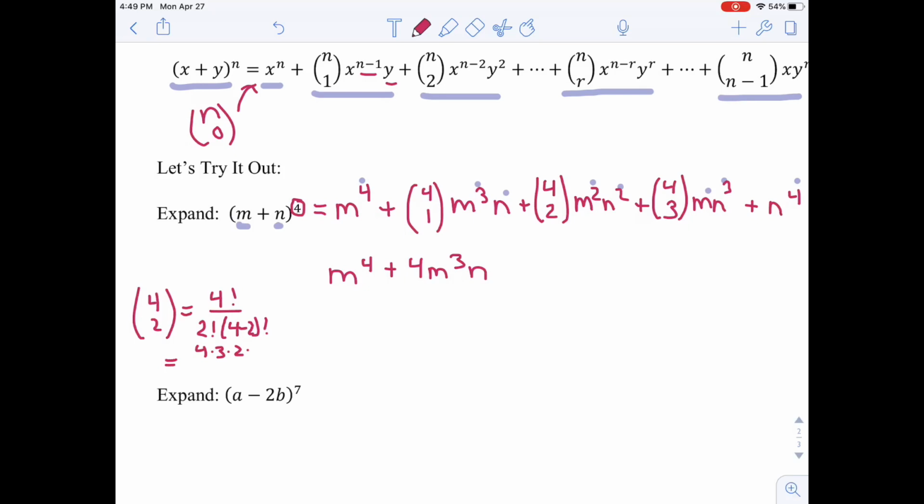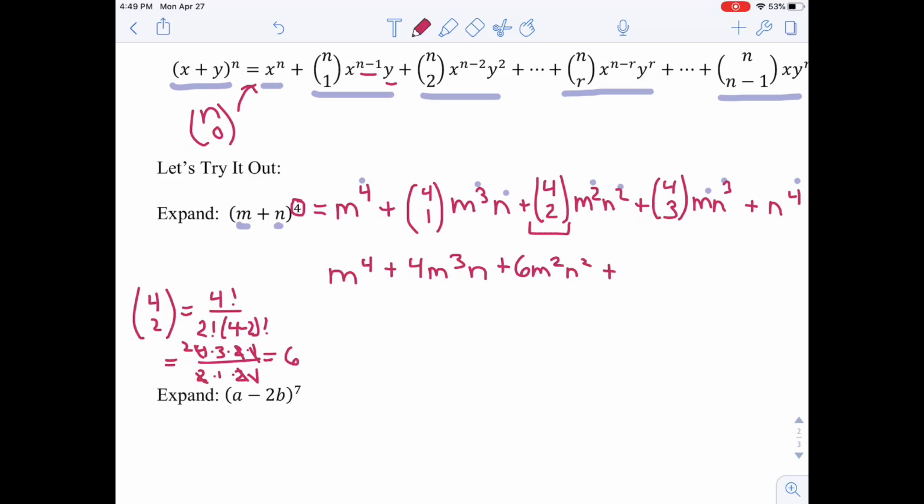Which in this case is 4 times 3 times 2 times 1 over 2 times 1, and this is 2 factorial again, so 2 times 1. So that cancels. The 2 reduces that 4 down to 2. And so we just have 2 times 3, which is 6. So this right here becomes 6m squared n squared.